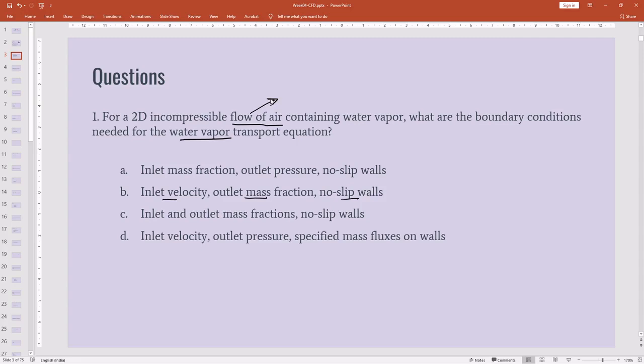It should be inlet velocity and outlet pressure. So these two conditions are primarily required for the simulation of our airflow. Along with the airflow, water vapor transport is also happening. So for that, we need water vapor concentration and mass fluxes.